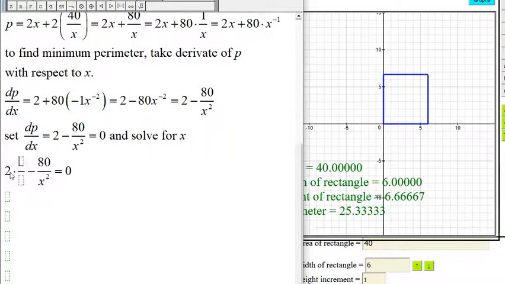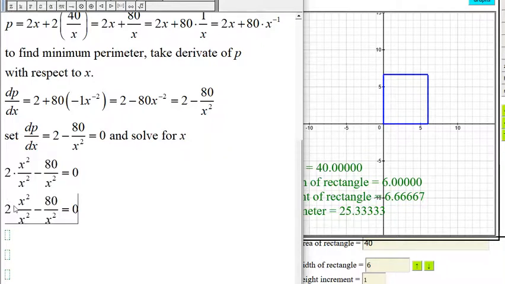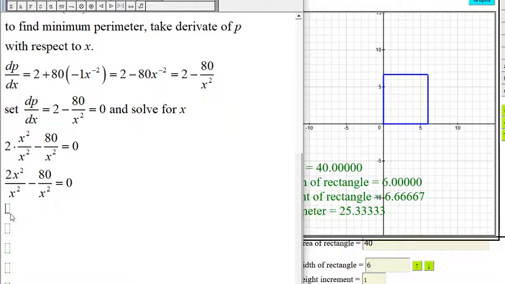So we can multiply the 2 by x squared over x squared. And of course x squared divided by x squared is just 1, so 2 times 1 is still 2. Now we have this common denominator right here, so this can be rewritten as 2x squared minus 80, divided by x squared.